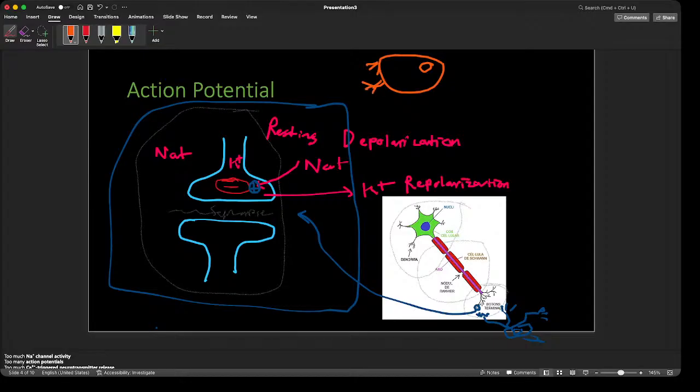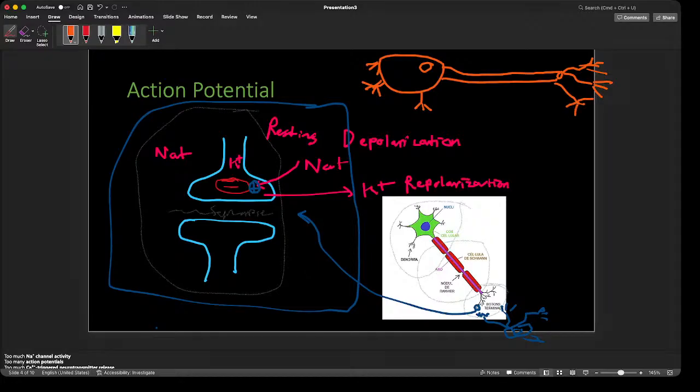I know my drawing isn't perfect, but you can see here you got an axon or soma right there. And then right here at the end of the axon is the axon terminal, and you could see it's like little fingers coming out of it, and you can see this finger here.